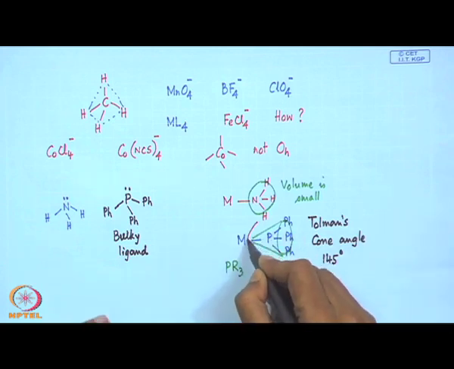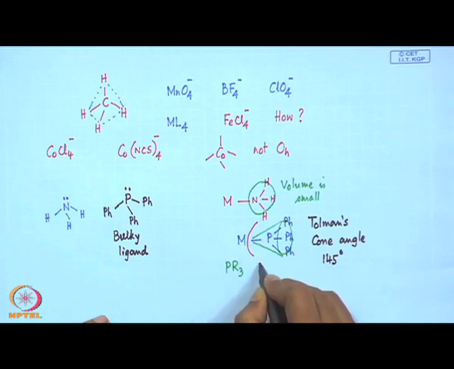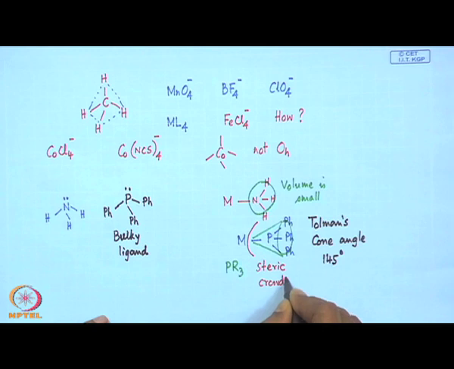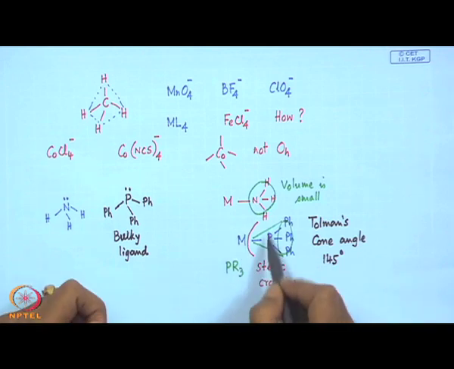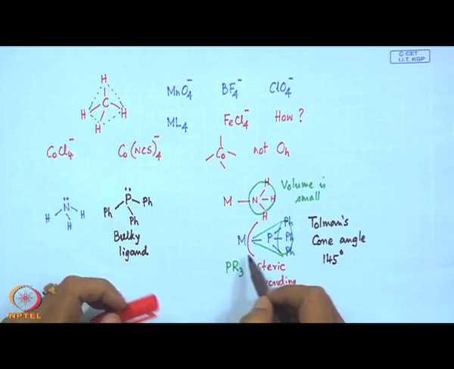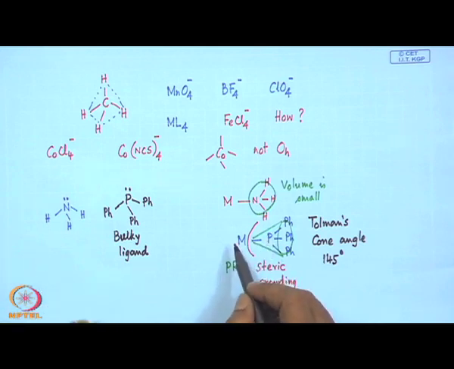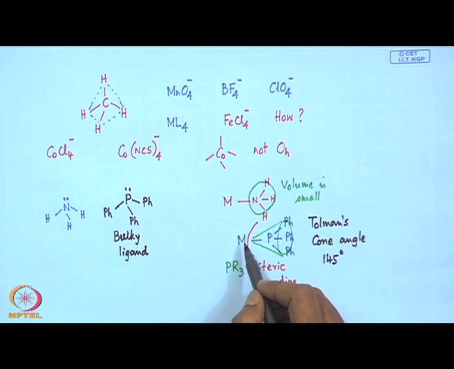That means, this gives rise to some amount of steric crowding. That means, this particular site is not available for binding to some other ligand or donor atom, which was not a problem in the case of ammonia.